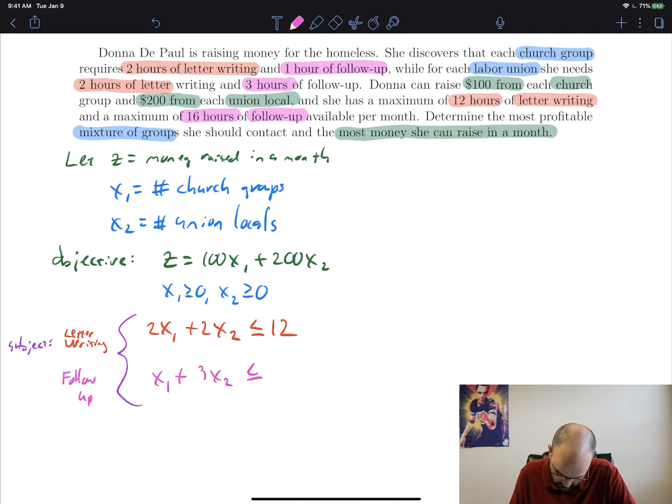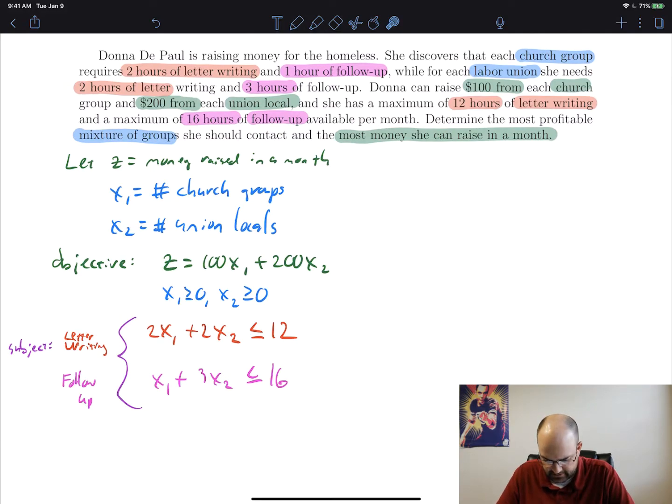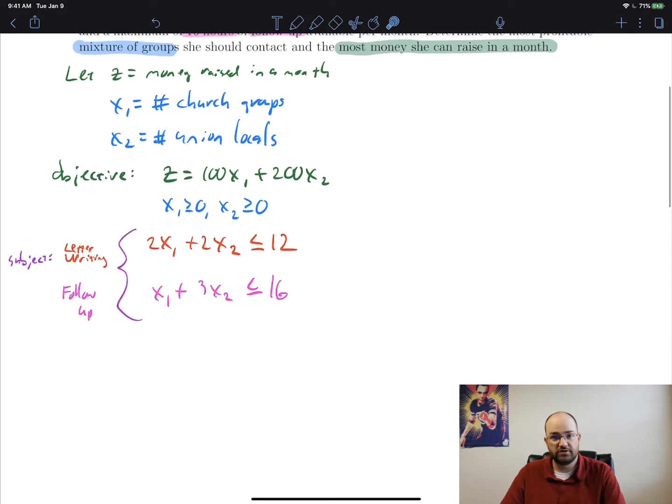And that's less than or equal to the total maximum, which is 16 hours. There we go. Good deal. Is there anything else in this that I haven't used? No. Okay, good deal. This is our question at this point.